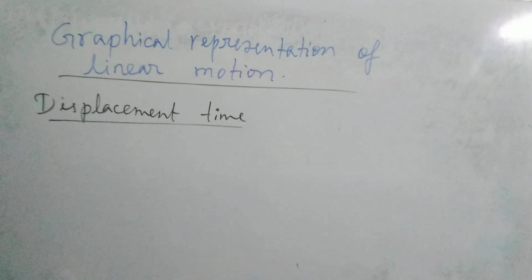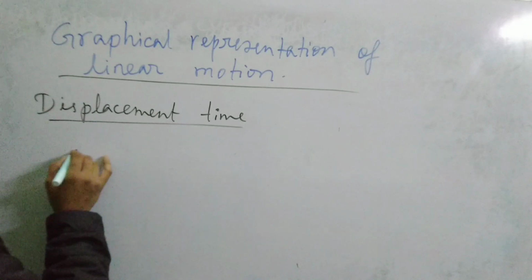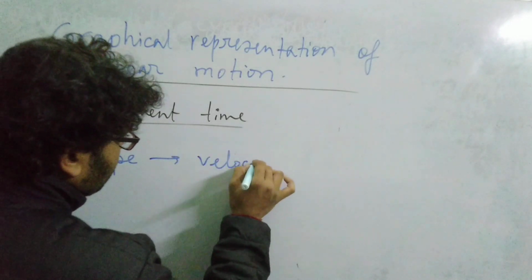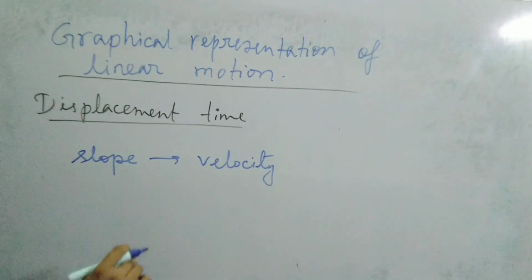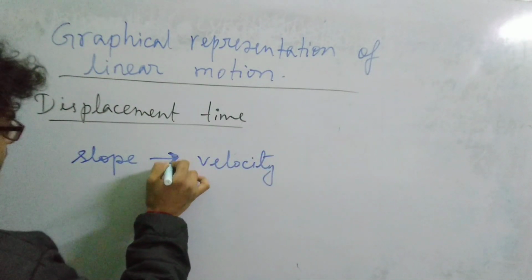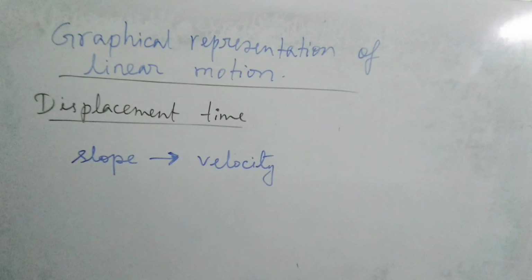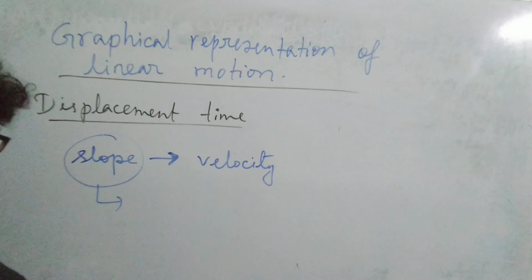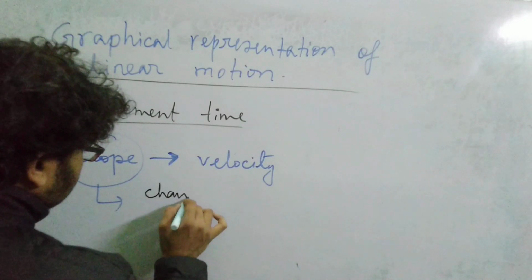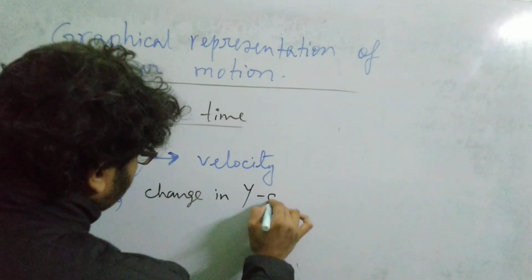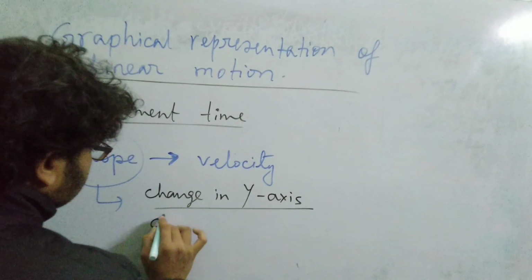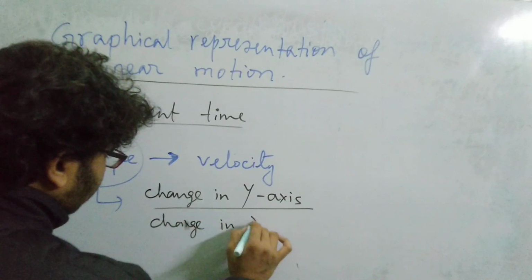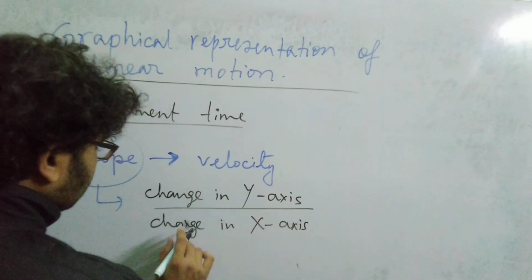The slope of this displacement time graph gives us the velocity of the body, and slope is determined for a graph as the change in the y coordinate by the change in the x coordinate, that is, change in y axis by change in x axis.